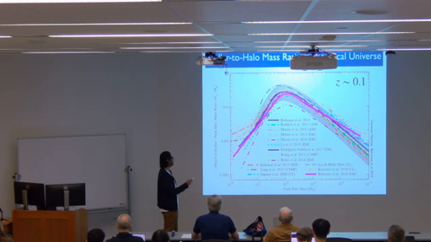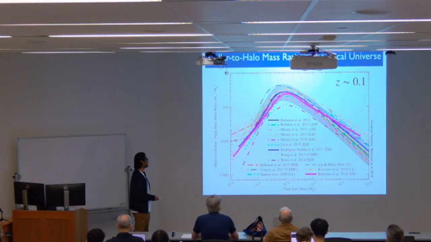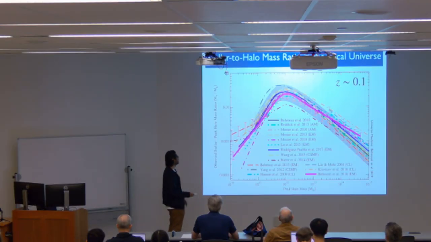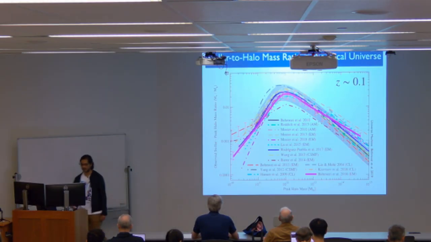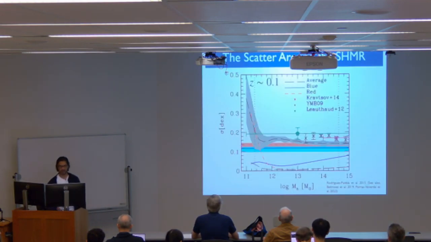Dark matter halos, Milky Way size halos, have been the most efficient halos in transforming gas into stars. And we can see the important point of this plot. You can see that we can use different ways to obtain this relation. Most of them are doing very well at low redshift, and it's independent of the technique.